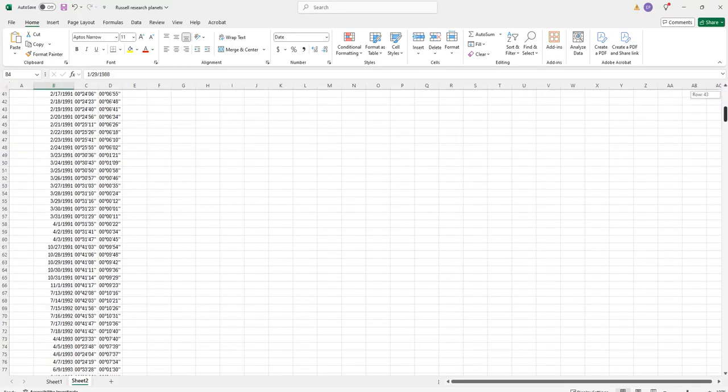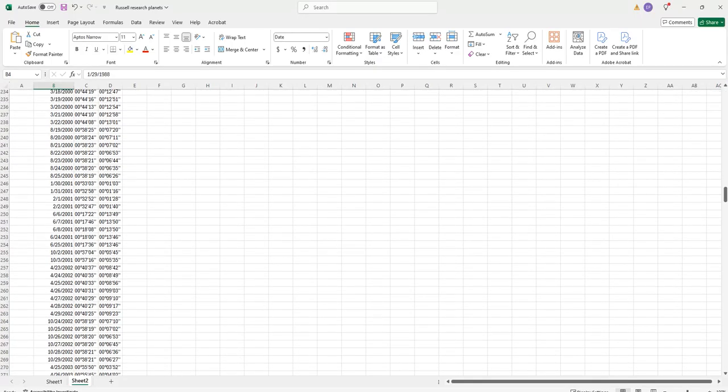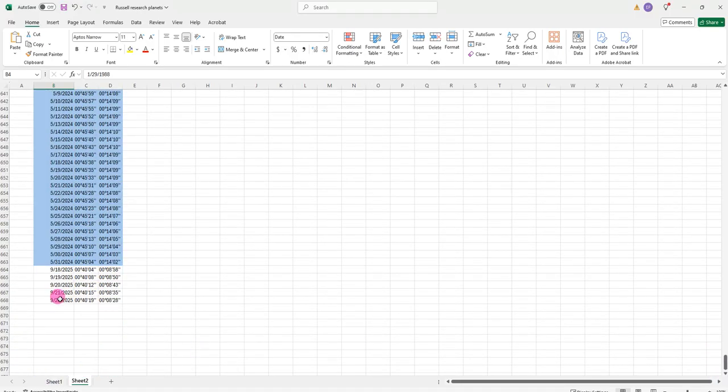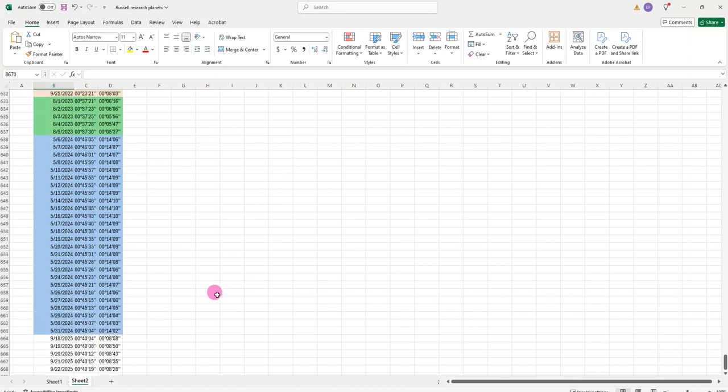Starting in 88 with the data there, and then all the way out to 2025. So you can see my last grouping is 918 to 922. We're looking at Jupiter and Mars, and you can see in May of 2024, both planets were practically stationary.